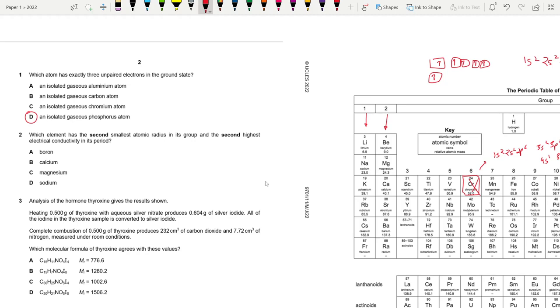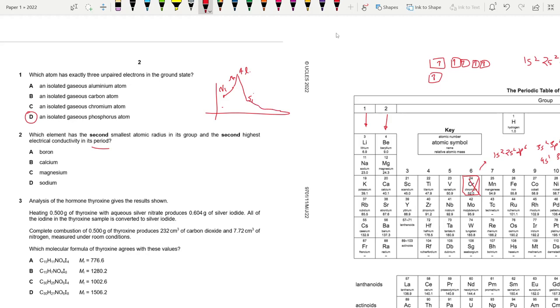Also, let's talk about electrical conductivity across the period, right? Across the period, the electrical conductivity is like this. This is sodium, magnesium increases. Sodium, magnesium, aluminium is higher. Then silicon decreases, but not much. It's a semiconductor, right? Followed by the other ones, the non-metals.